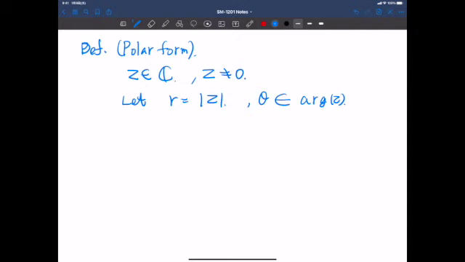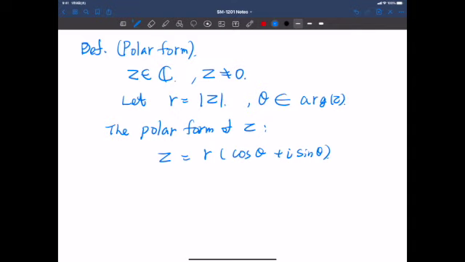Then the polar form of z is this: z is equal to r times cosine theta plus I sine theta. So this r is the modulus, and this theta is the argument.